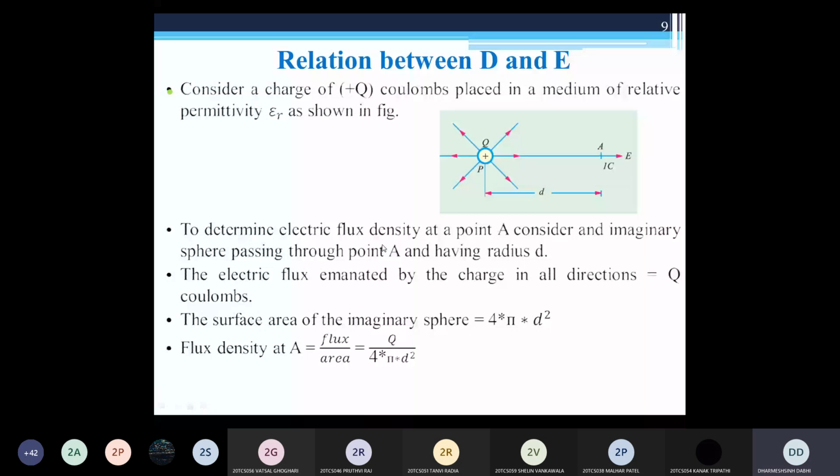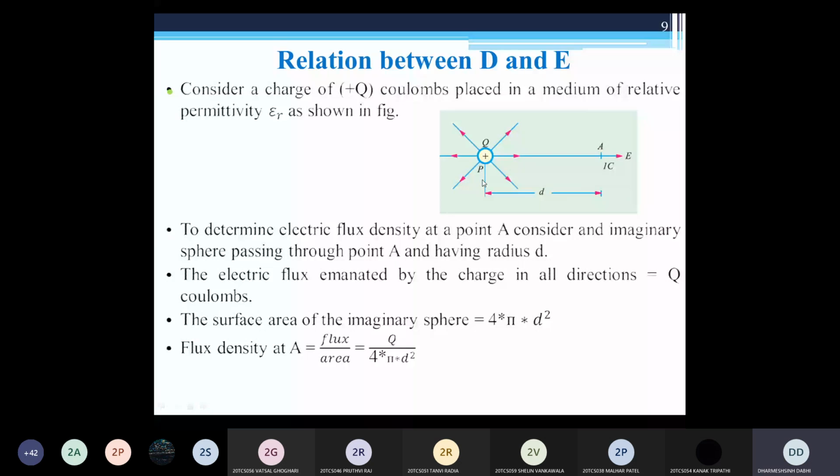To determine the electric flux density at point A, consider an imaginary sphere which passes through the point A and has radius d.